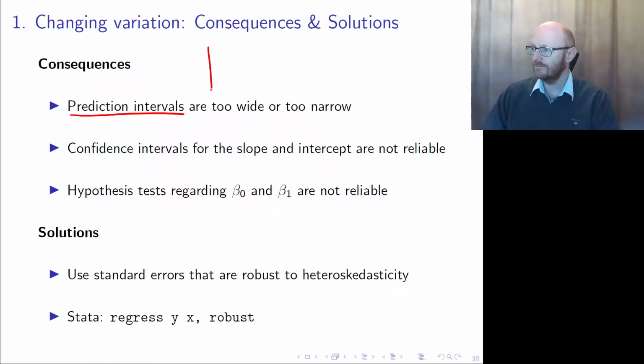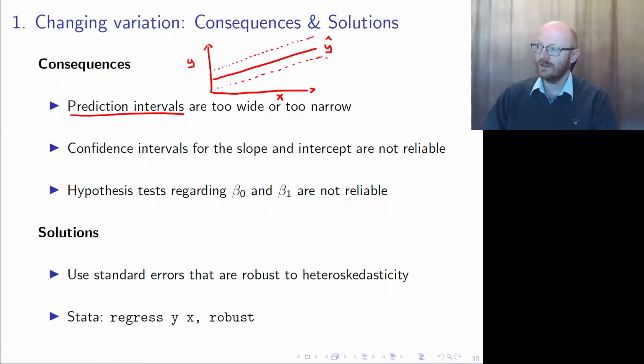If you have x here and y here, and you have a regression line or y hat, and you have these prediction intervals, then these prediction intervals are made based on one standard deviation of the residuals.